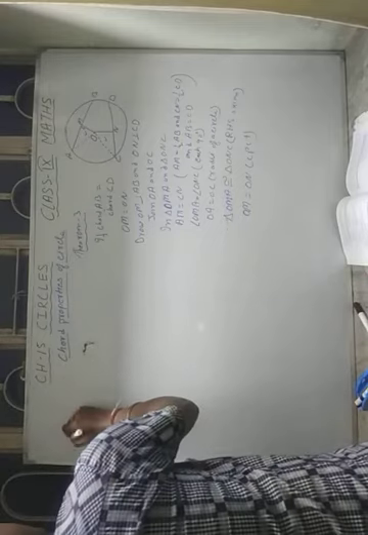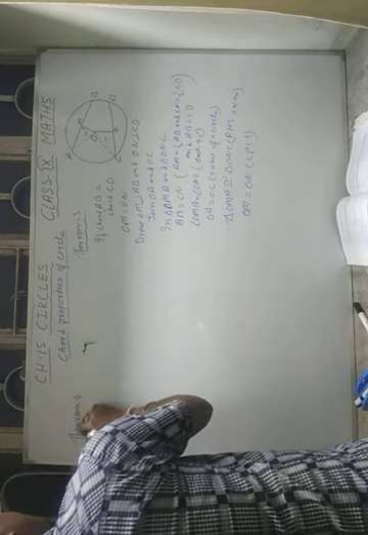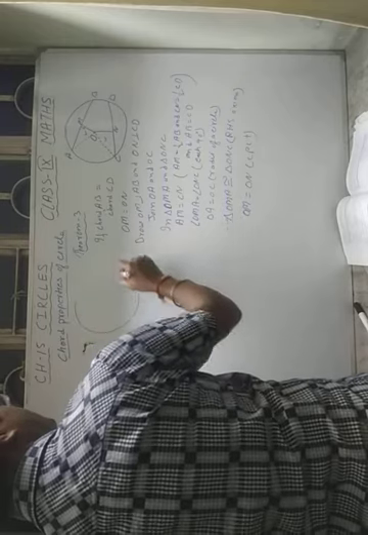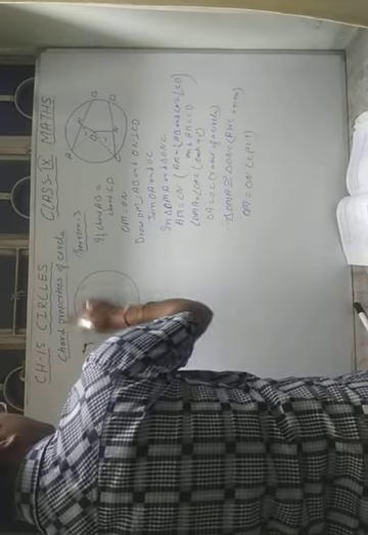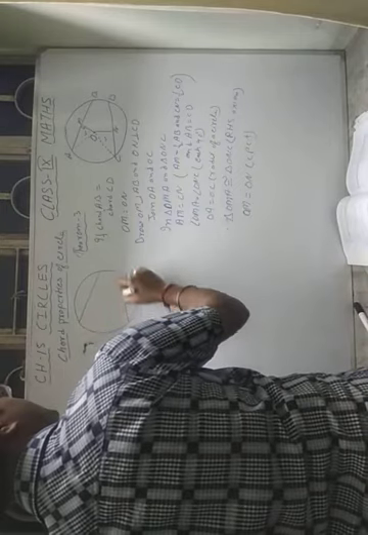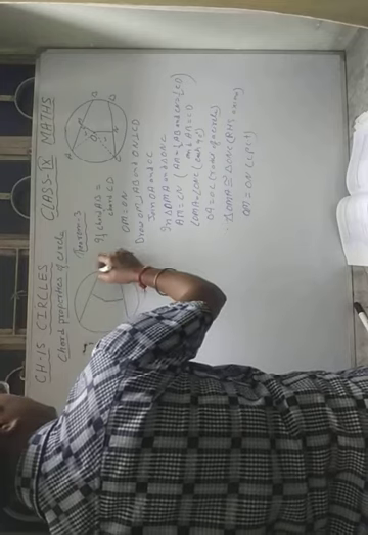Now theorem number 4. When you take a circle here again, if you take two chords, it is said that if two chords are equidistant from the center, then the chords are equal.